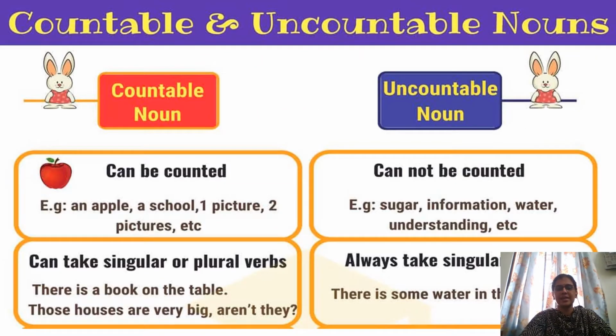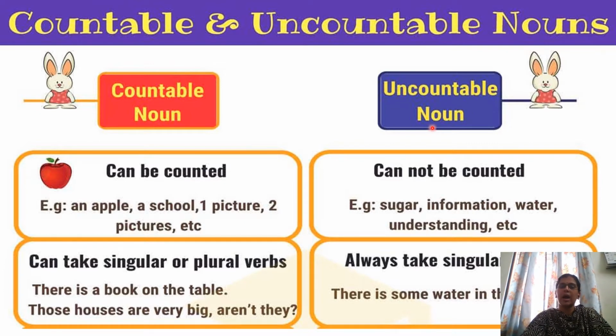So first let us see the meaning of countable and uncountable nouns. Countable noun means it can be counted. For example, an apple, a school, one picture, two pictures, etc. You can count them. If it is a noun and you can count them, then you call them a countable noun. Uncountable noun.